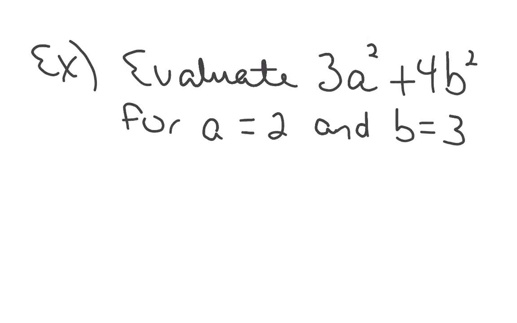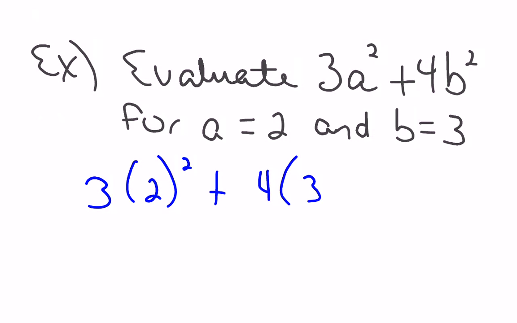Let's plug those in where they go. We have 3. Remember, 3a squared means 3 times a squared. So a is 2, so 2 squared, plus 4 times b squared, so 4 times 3 squared.